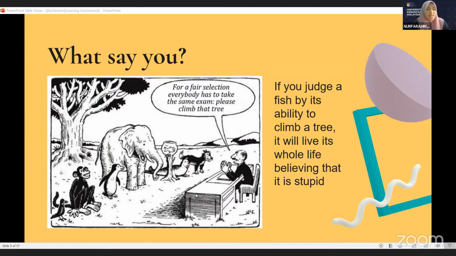They understand how the fish feels during this assessment. They say that what the fish experienced during this assessment is the same as their experience during their assessment at schools. So this tells you something about assessment that we need to be very careful about, okay?